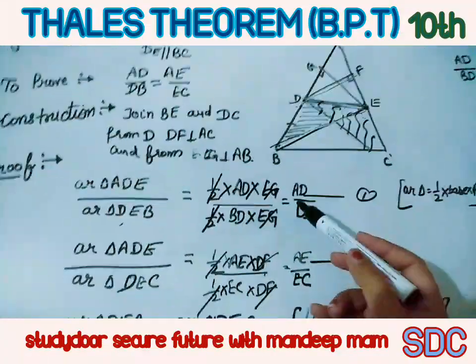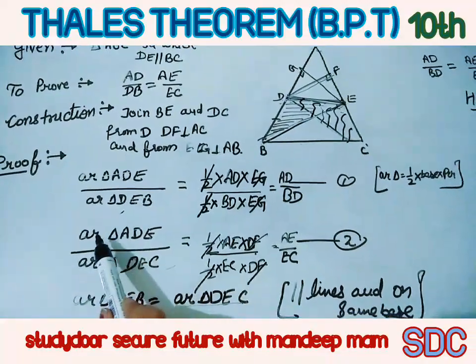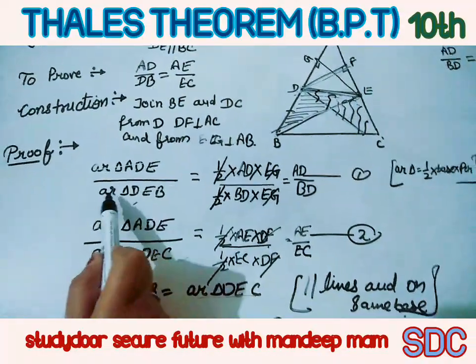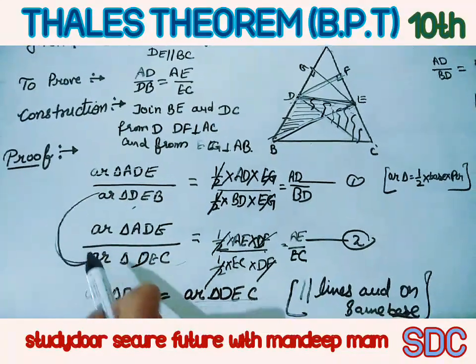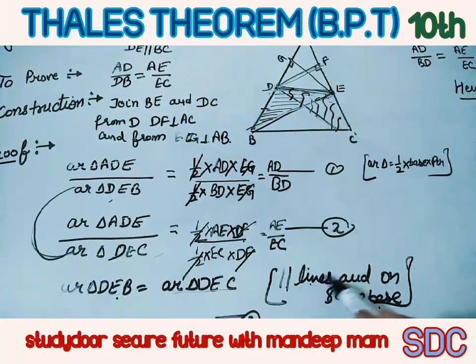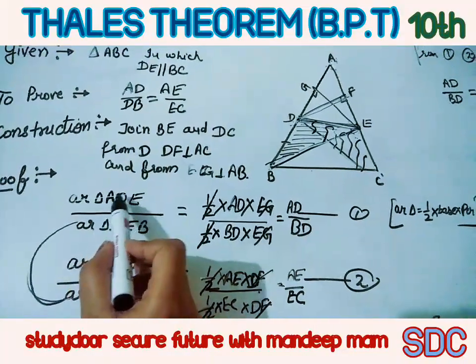Now in proof we have three steps. First is area of triangle ADE and DEB. Second is area of ADE and DEC. Third is both of these triangles' areas are equal, because these triangles are between parallel lines and on the same base. Now we have to find out the area of triangle ADE.